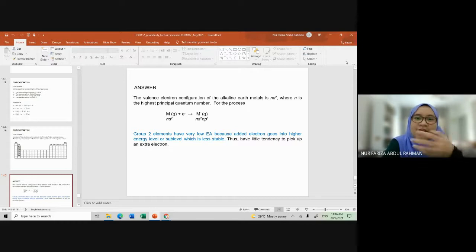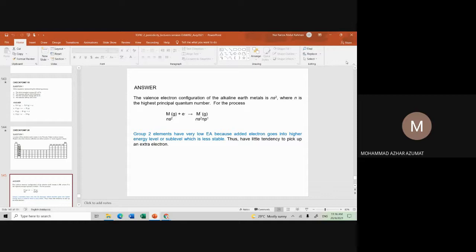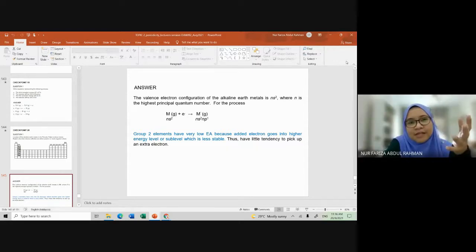Adakah dia semudah itu? For group 2, perlukan 6 lagi elektron tau. Maksudnya group 2 in order to achieve the electronic configuration of noble gases, it requires 6 more electrons to be added into the p orbital.